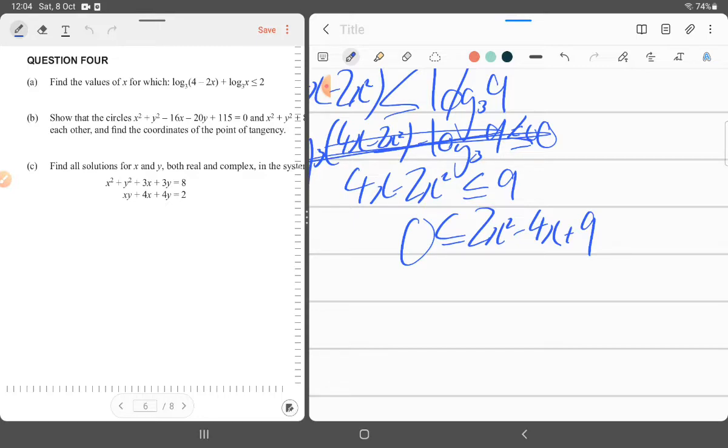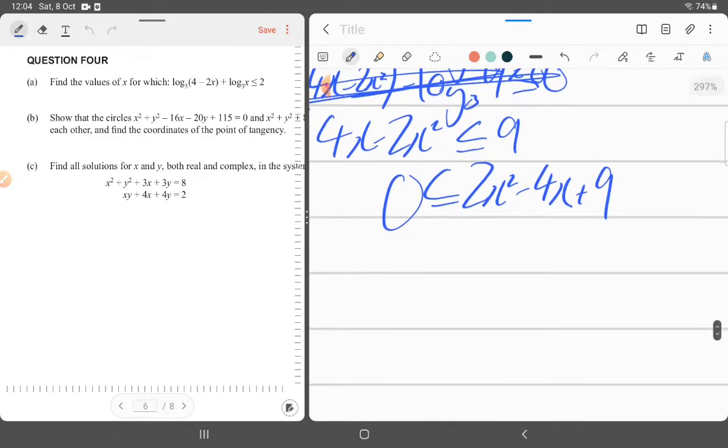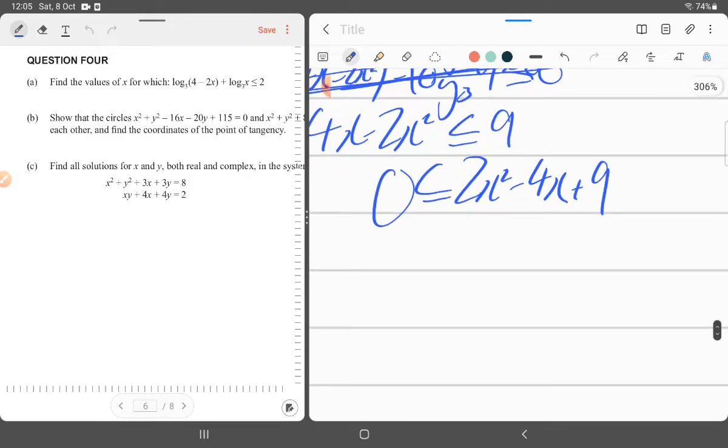We just check the discriminant. X equals negative b plus minus the square root of b squared take away 4ac.